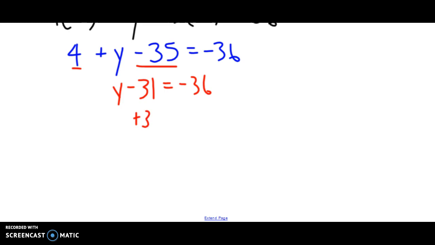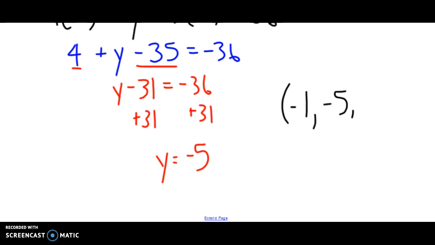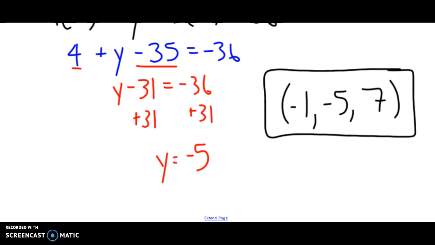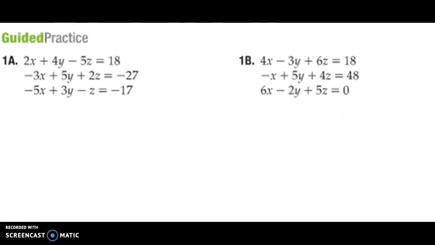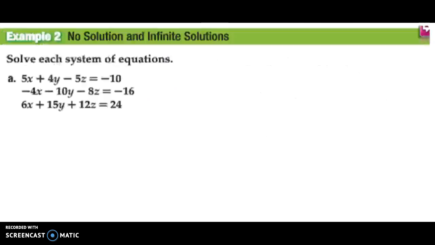I add 31 to both sides, and I get y is equal to negative 5. Okay, so I have all of my points. So x was negative 1, y is negative 5, and z is 7. So this right here has 1 point as its solution. Here's a couple guided practice problems that you can try now.